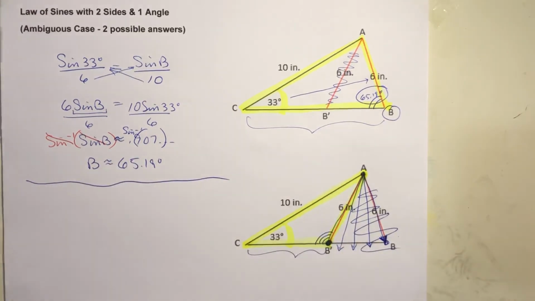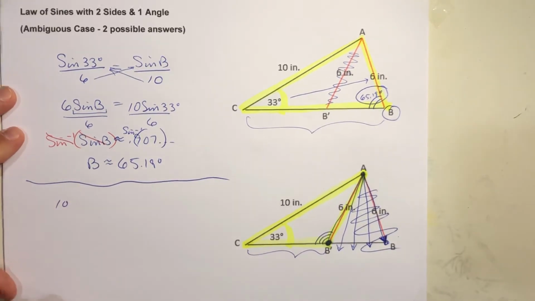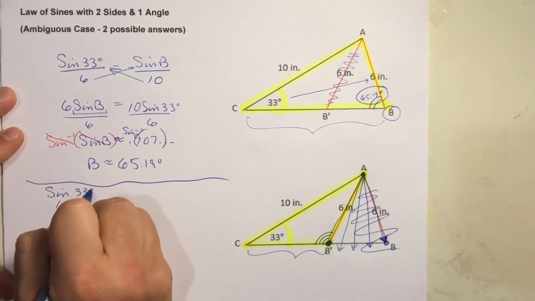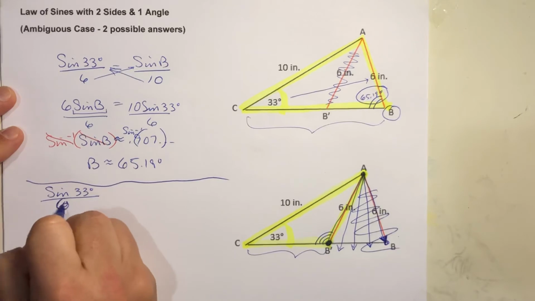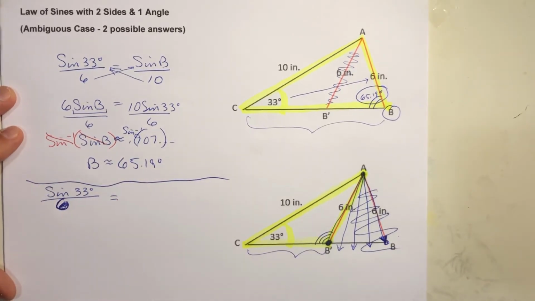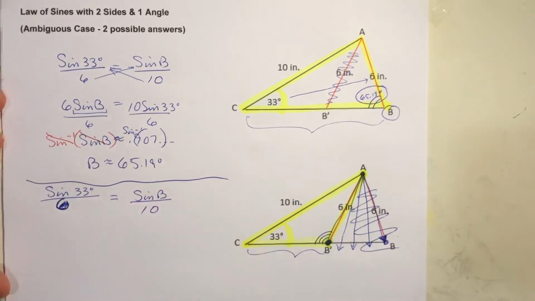I'm going to use basically the same thing we just did, except now if we take a look, right? Oh, wait a minute. If I write my equation, the sine of 33 is to 6, and the sine of B is to 10. So wait a second. We actually have the same exact proportion, okay?